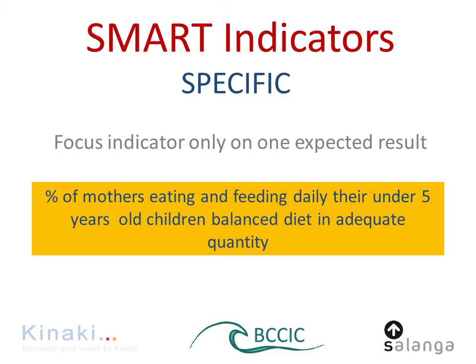Again, ideally, we should only look at one thing at a time, so it could be percentage of mothers eating balanced diet and percentage of mothers eating in adequate quantity. But currently in the food security sector, these two things are commonly brought together in one indicator, so we can call it a minimum acceptable diet. But I would highly recommend separating the mothers from children in this case.